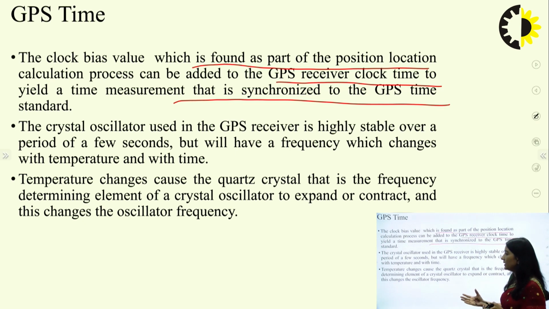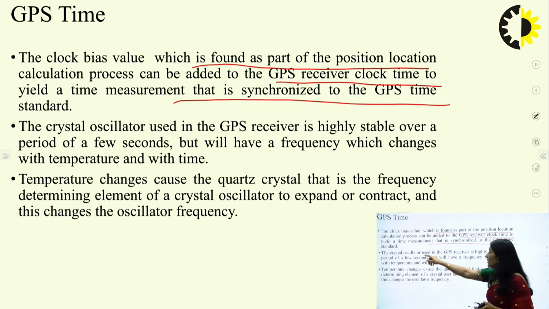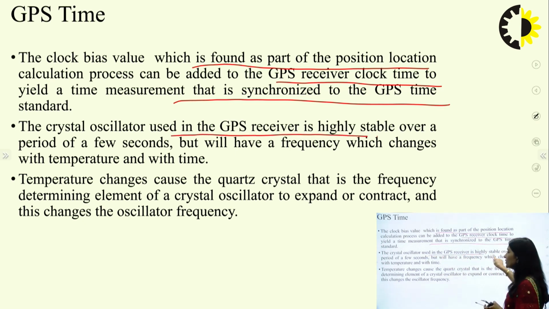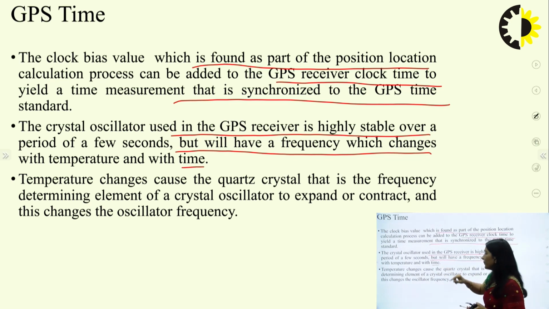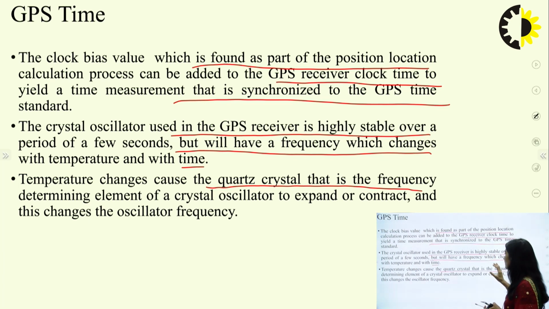This clock bias value will be added to the GPS receiver clock, and then it will be synchronized with the GPS timing standard globally. Now, the crystal oscillator used in a GPS receiver is highly stable over a few seconds, but it will have a frequency which changes with temperature and with time. Temperature changes cause the quartz crystal, which is the frequency determining element of a crystal oscillator, to expand or contract, and this changes the oscillation frequency. So in our GPS receiver, a normal crystal oscillator is used.